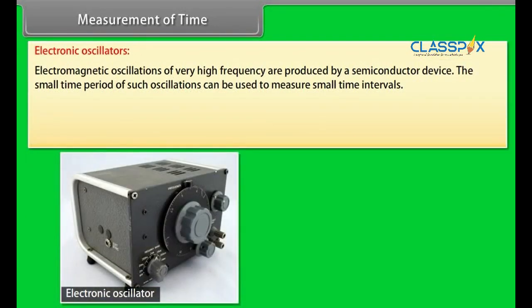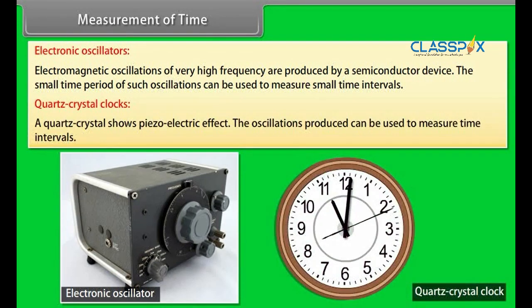Electronic oscillators. Electromagnetic oscillations of very high frequency are produced by a semiconductor device. The small time period of such oscillations can be used to measure small time intervals. Quartz crystal clocks. A quartz crystal shows the piezoelectric effect. The oscillations produced can be used to measure time intervals. Atomic clocks.